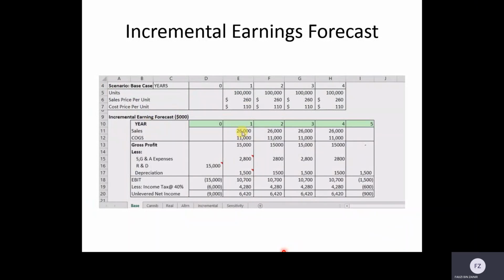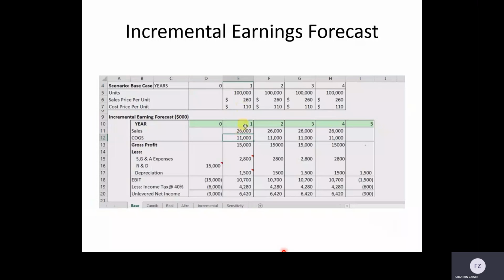If you look at the formula here, it is derived from 100,000 units times $260 per unit, so you have 26 million. As for the cost of goods sold, it is 100,000 times the cost per unit, so you have a total cost of goods sold of around 11 million.